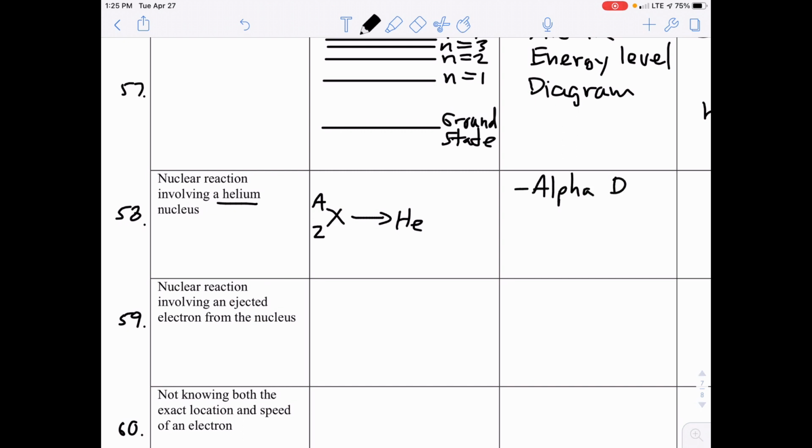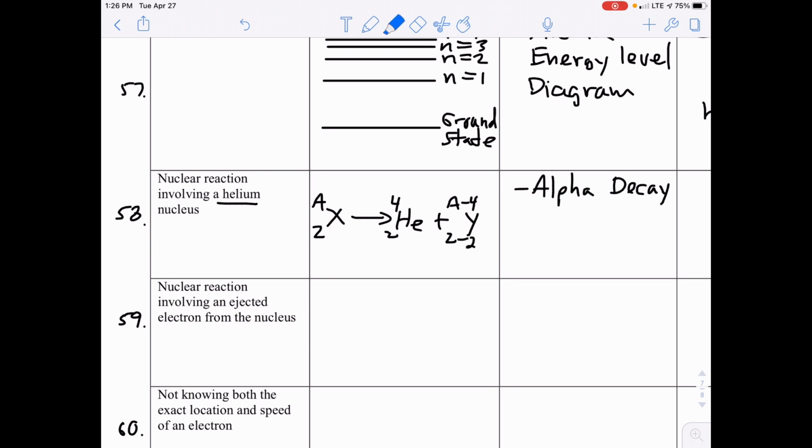And this type of radioactive decay is called alpha decay. A helium nucleus has an atomic number of 2, an atomic mass of 4, and then of course the leftover isotope is going to be whatever this was, minus 4, and the atomic number is going to be whatever this was, minus 2.